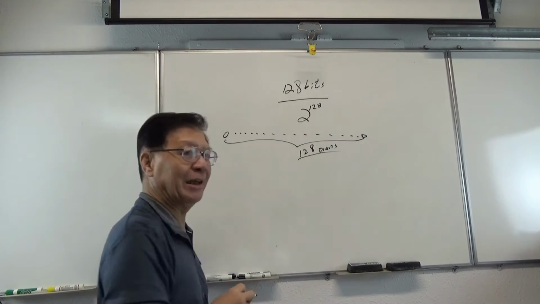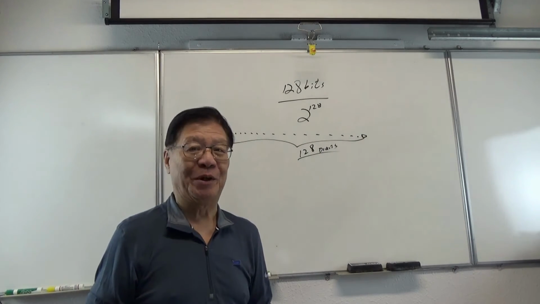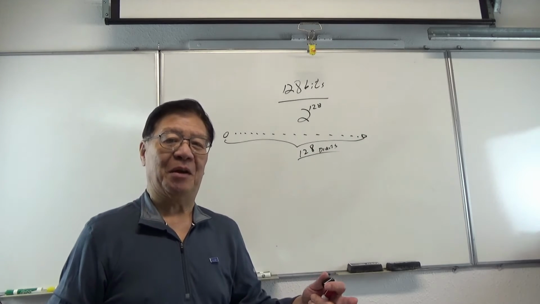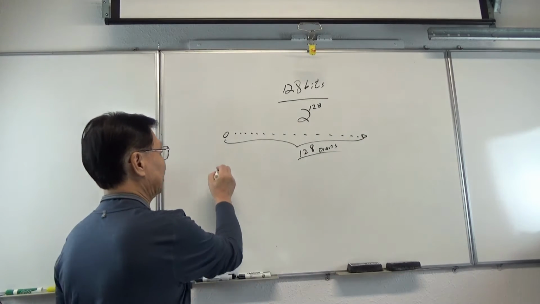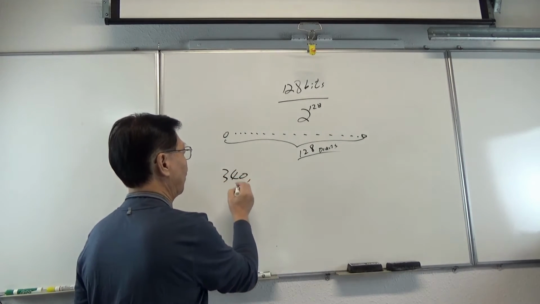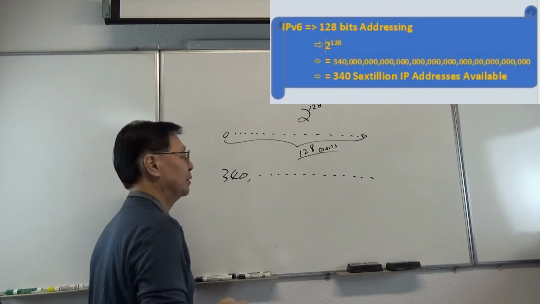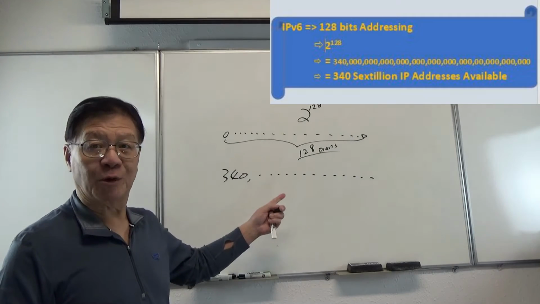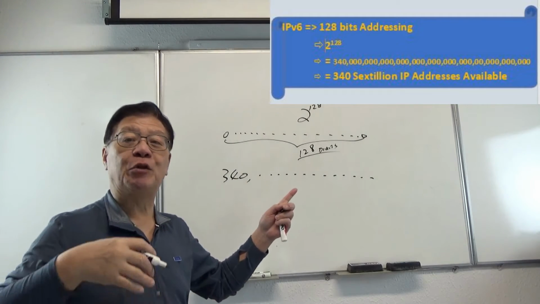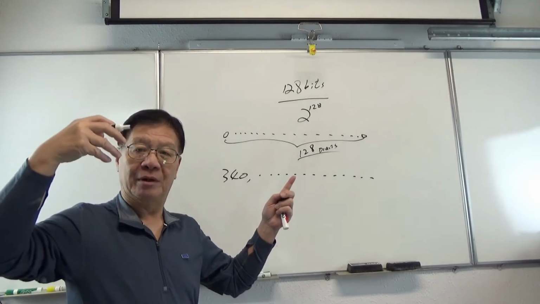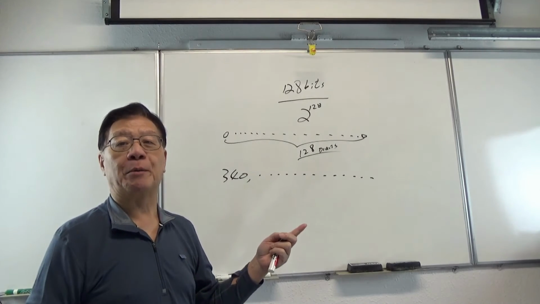If you calculate, nobody would do that. But we were told it's approximately equal to 340 followed by many zeros in the decimal system, in order to give you an impression and make sure you feel comfortable.